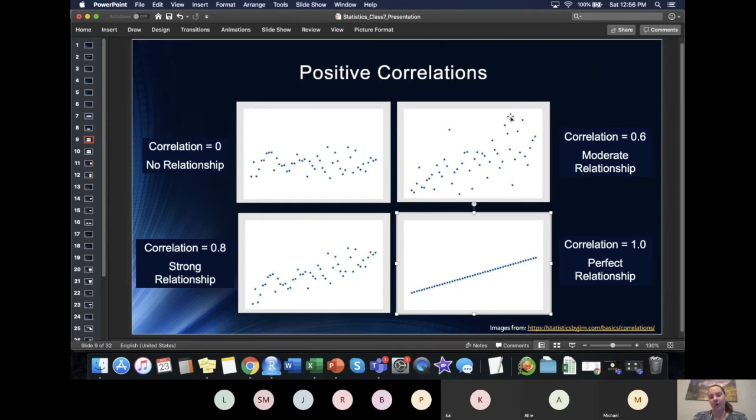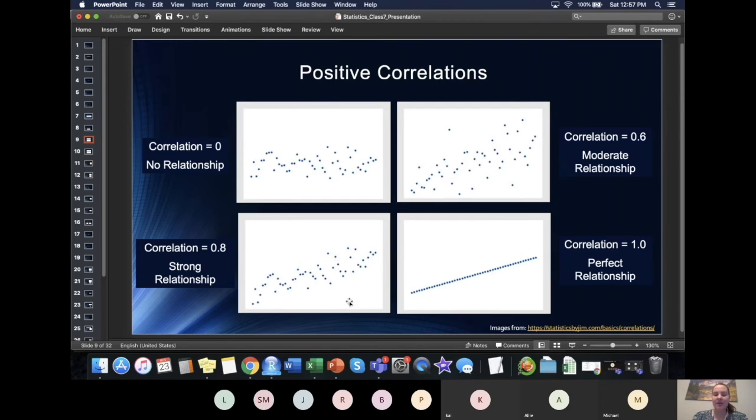There is a wider range here, although if we were to put a line through this, which we'll go over today with linear regression, it's still rising. This is something that we would call a moderate relationship. There's definitely something here, but it's not to the point of strong. Whereas with this correlation here, you can see that the points are more tightly packed together. They're following this upward trend much more closely than these over here.